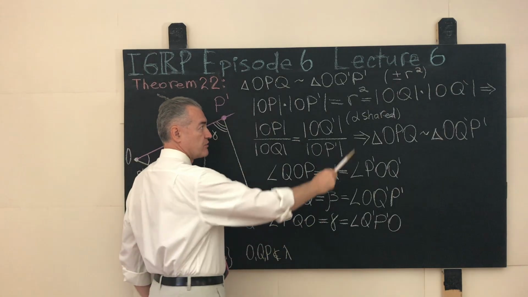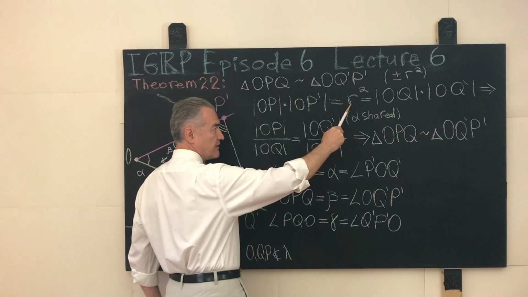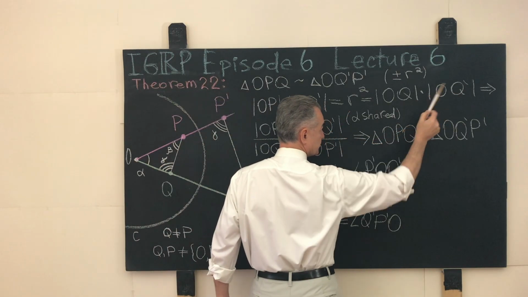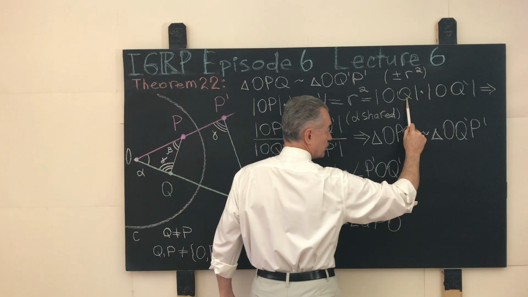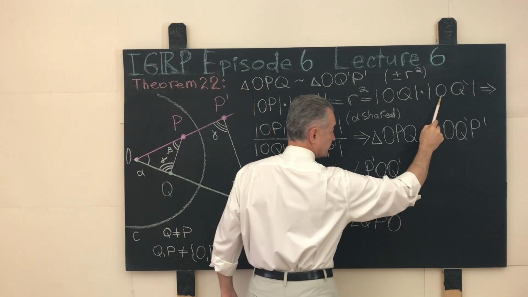And that square of the radius of inversion must also be the product of the distances of the other point Q and Q prime with respect to the center of inversion.